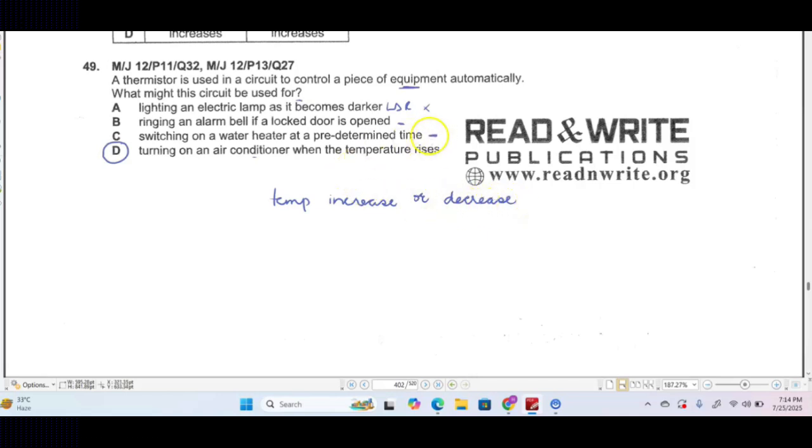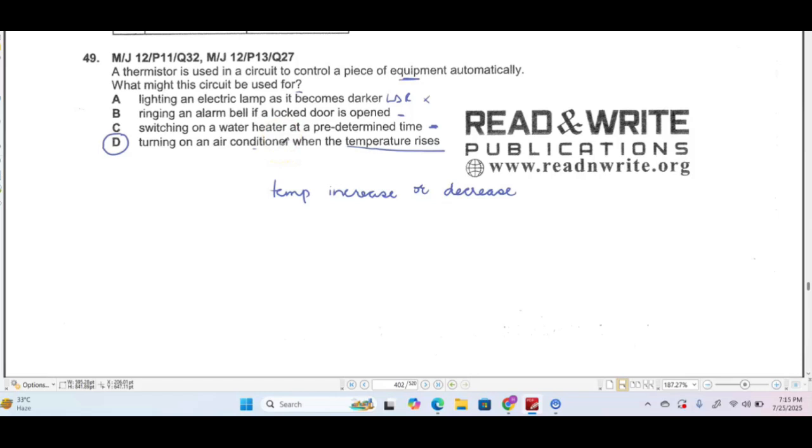This is not related to temperature sensitivity. This thing is related to temperature sensitivity: as the temperature rises, the thermistor temperature is also going to rise and the resistance is going to decrease and more current is going to flow and then an air conditioner is going to turn on. So that is why we selected option D and not C.